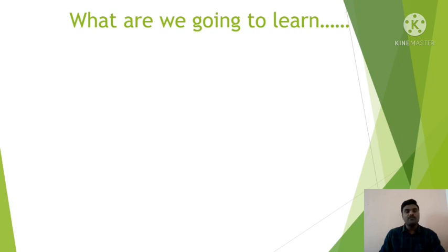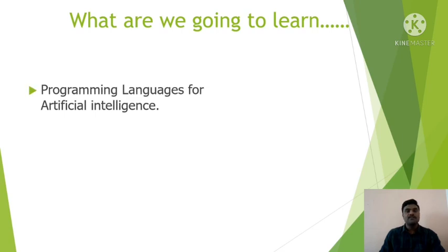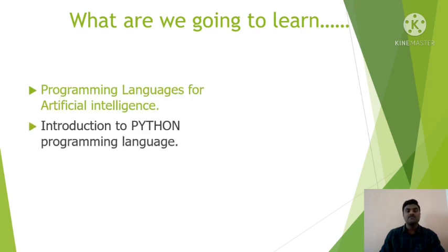So, what are we going to learn from today's session? The first thing that we will learn about is the various programming languages that are used or that can be used for artificial intelligence. Then we will also have a basic introduction to the Python programming language and about the artificial intelligence tree.